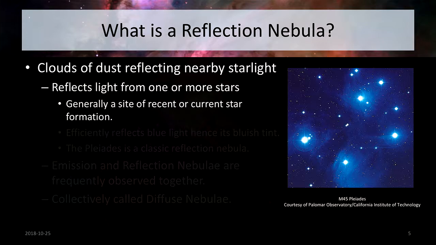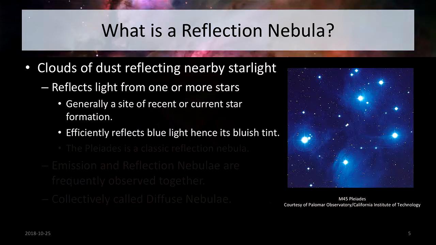And it is worth noting that reflection nebulae often end up looking a bit blue, and that is because it's fairly similar to the reason why our sky looks blue. There are actually a few different processes, all referred to as scattering. The most famous is Rayleigh scattering, which favors scattering blue light over red light. It's the reason why our sky is blue, and why when the sun sets, we end up seeing red.